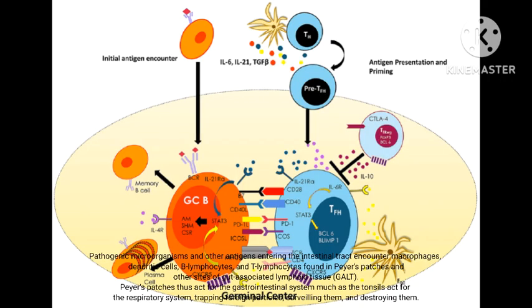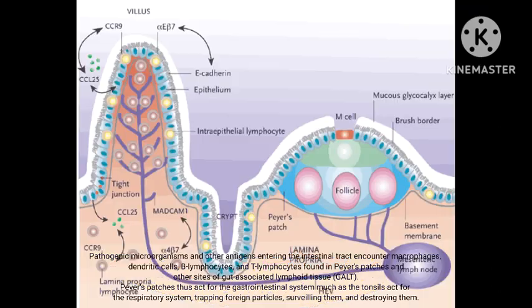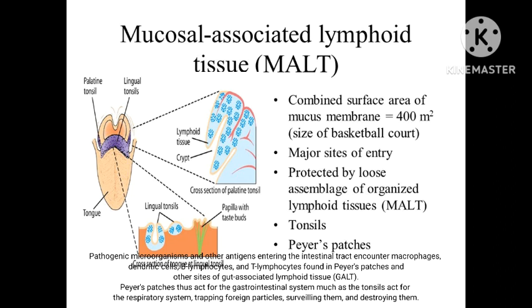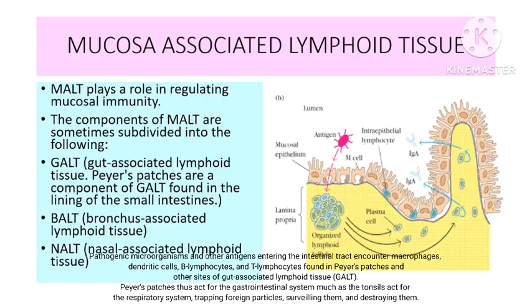Pathogenic microorganisms and other antigens entering the intestinal tract encounter macrophages, dendritic cells, B lymphocytes, and T lymphocytes found in Peyer's patches, and other sites of gut-associated lymphoid tissue, GALT. Peyer's patches thus act for the gastrointestinal system much as the tonsils act for the respiratory system, trapping foreign particles, surveilling them, and destroying them.